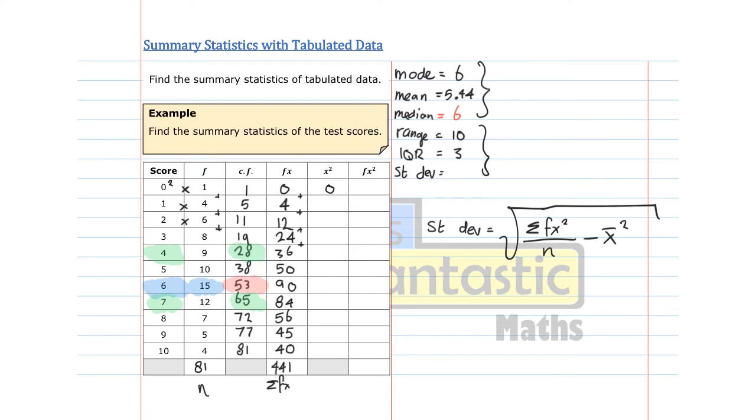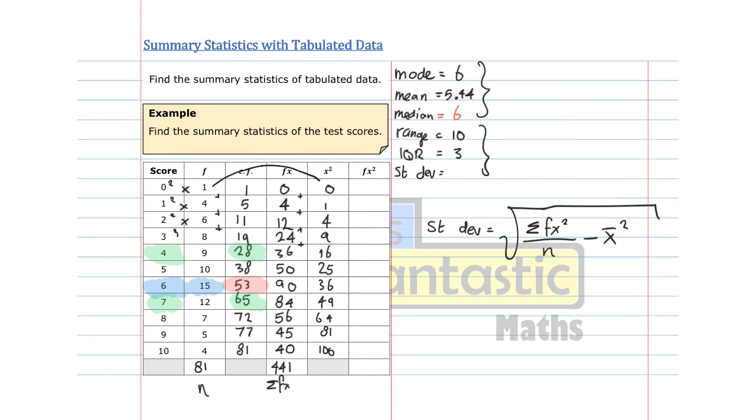So first, I want to square our score. 0 squared is 0. 1 squared is 1. 2 squared is 4. 3 squared is 9, etc. Use your calculator if you have to. And then we're going to multiply this x squared with the f.